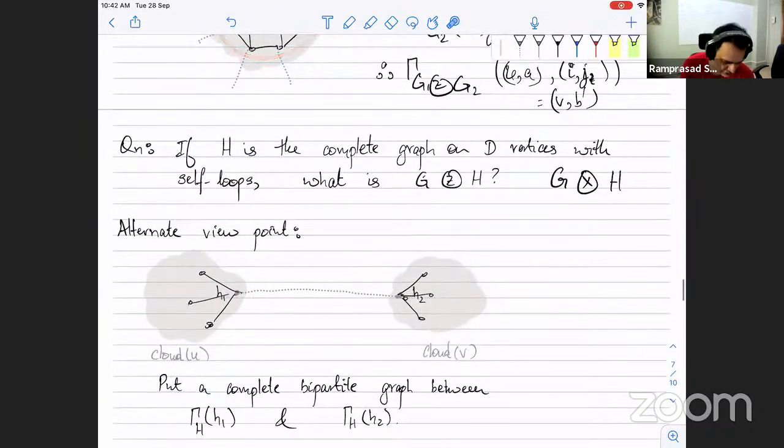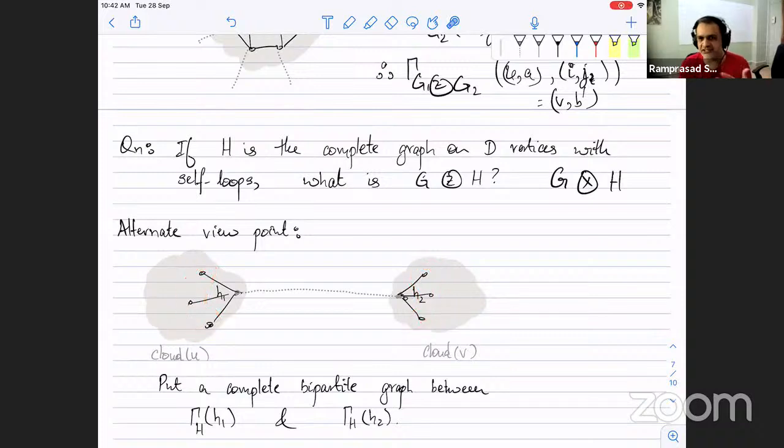This vertex has a bunch of neighbors, and similarly this vertex has a bunch of neighbors. What the zigzag does is it puts a complete bipartite graph between all of them. That is, it connects all of the vertices on the left side to all the vertices on the right side. So that is one slightly different way of looking at what the zigzag is doing.